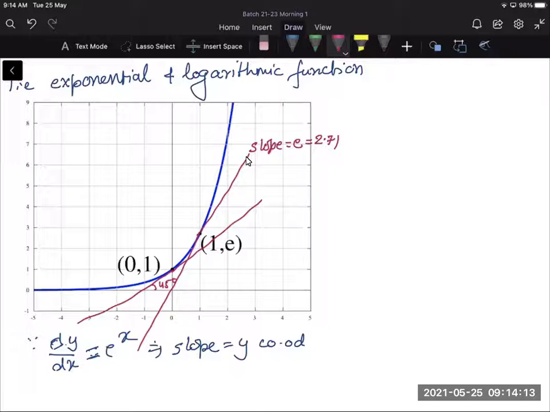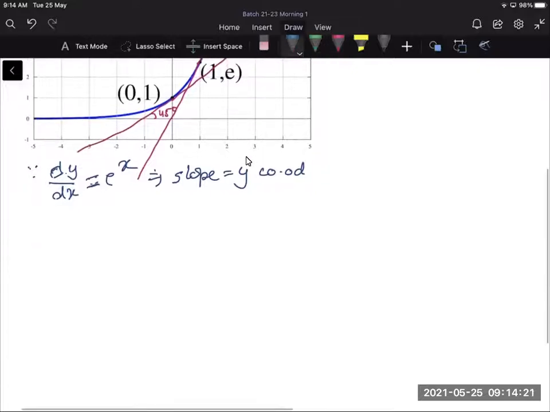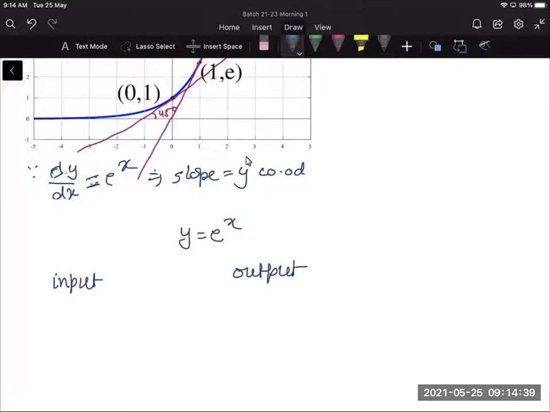So what I want to tell you is that if we have y is equal to e raised to the power x, then there is an input to the function and an output of the function. The input of a function is the independent variable, which in this case is x. I'll give you different values of x, and the output of the function is the value of y.